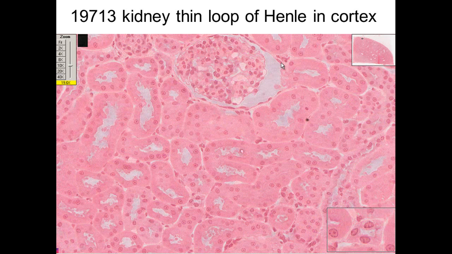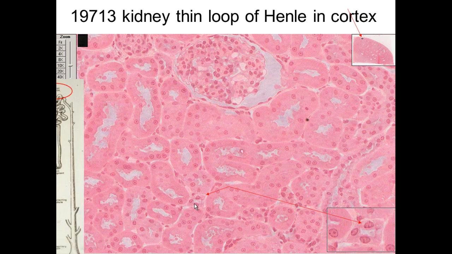So here we see back in the cortex, we can see this is the renal corpuscle. But what I wanted to point out to you is that this little structure right here is a thin portion of the loop of Henle.